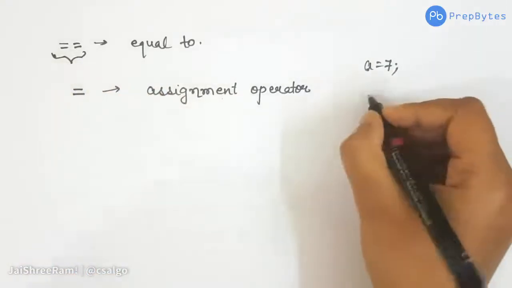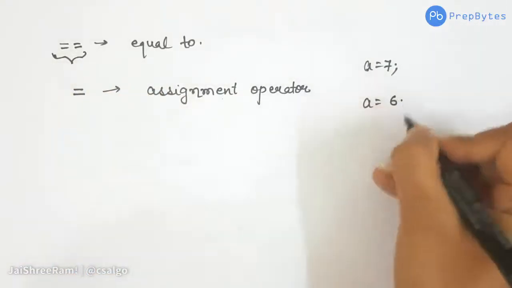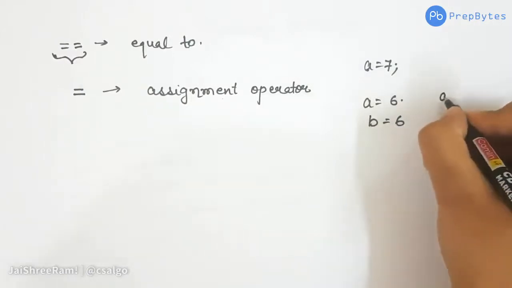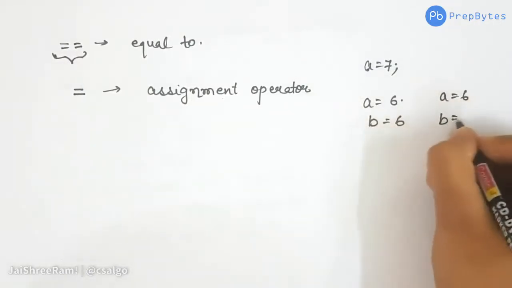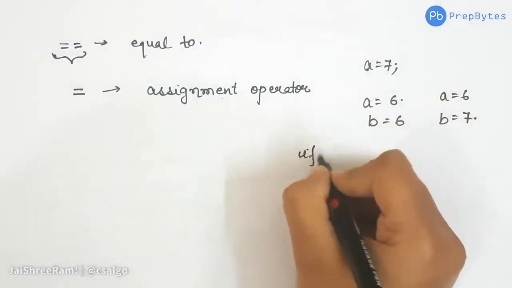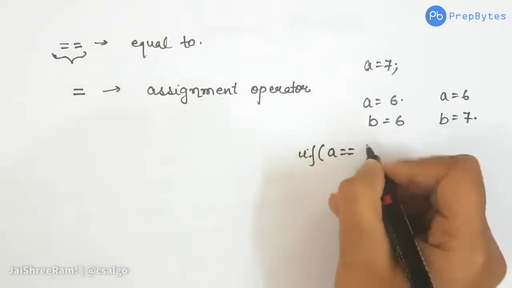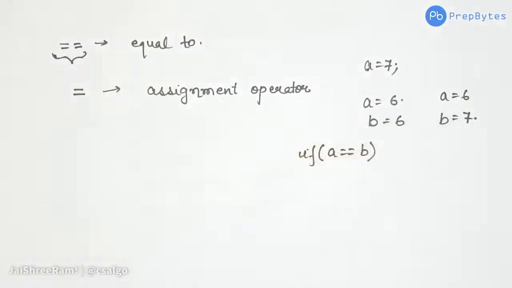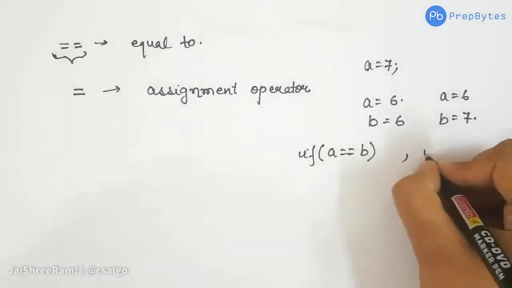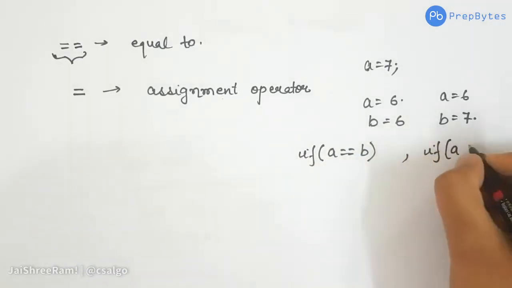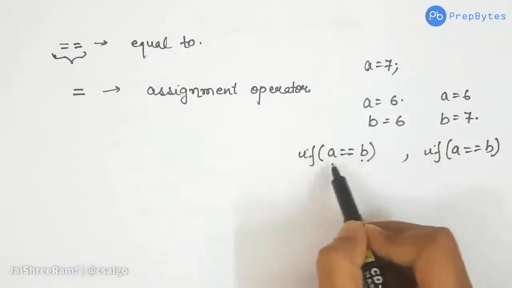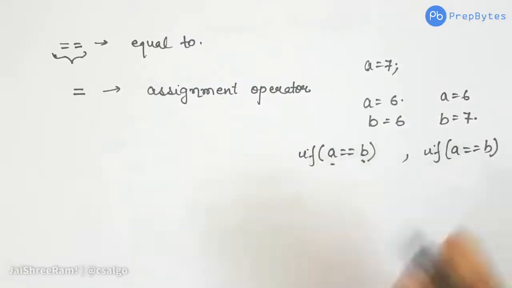So let's say I have a = 6 and b also = 6. In one case, and let's say in another case we have a = 6 and b = 7. So if I do something like if a == b, in this particular case a is equal to b, right?